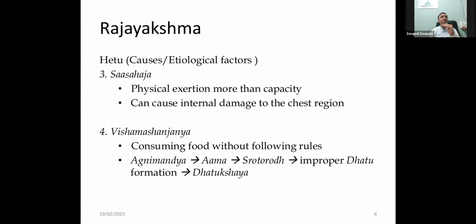Now, when will this particular thing come into play? When somebody comes to you only for lifestyle consultation. I do not have any problem, but I have come to you because I have heard that Ayurveda has a lot to offer in order to maintain health.